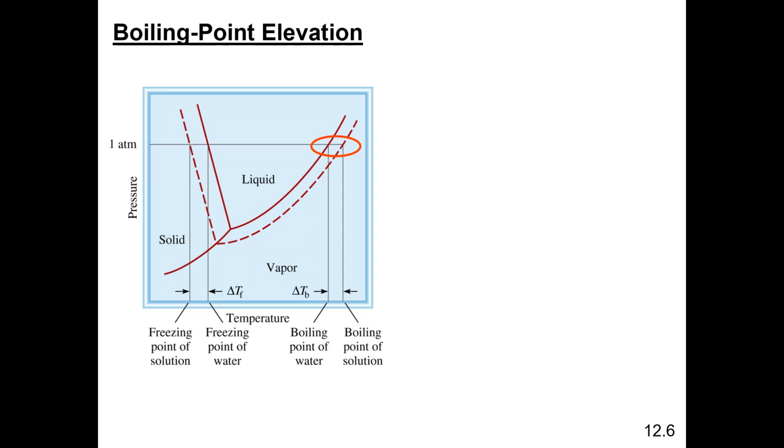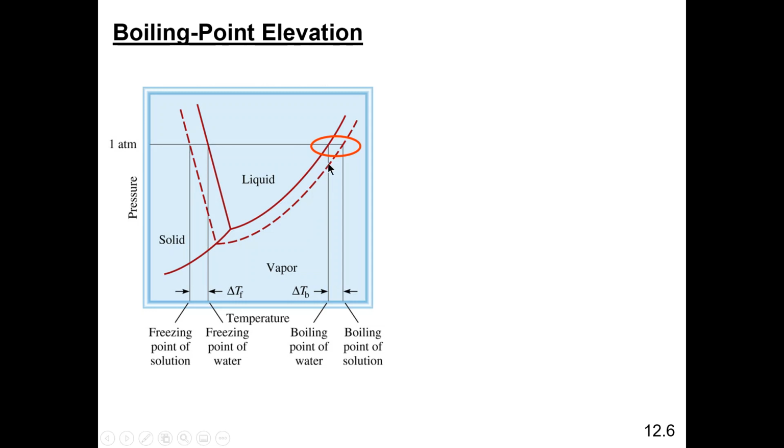Okay, so let me go back to this point right here. So we have the water at the boiling point here, and then all of a sudden we add a certain amount of solute to it. So what the solute will do, if you remember what we discussed earlier when we looked at vapor pressure depression, is reduce the vapor pressure of the solvent, all right?